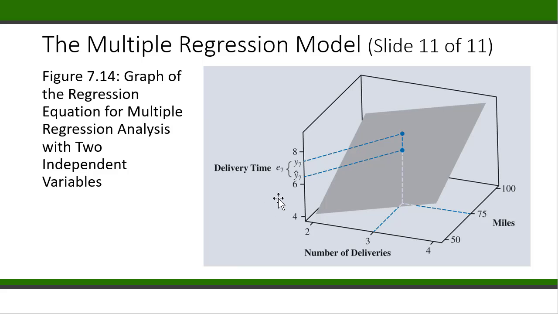X was miles, and we wanted to say how much time you spent. So that was our y. So typically we would have looked at it from this perspective and then going up or down. But now we've added the number of deliveries, so that's another dimension, if you will, and that's how we get to this plane.